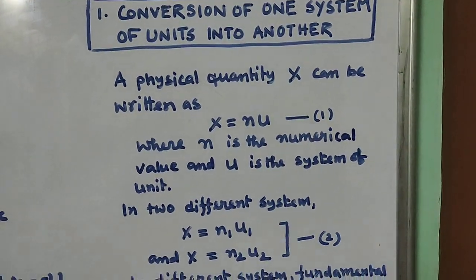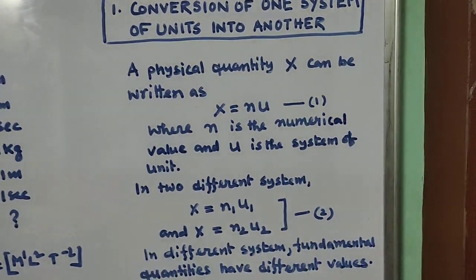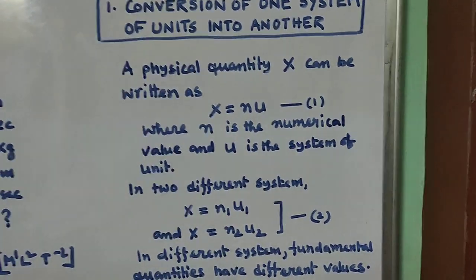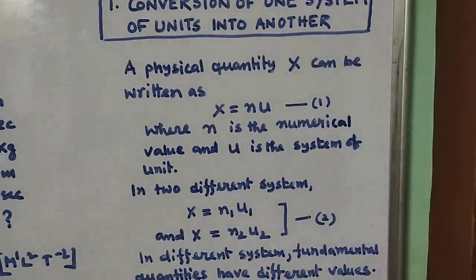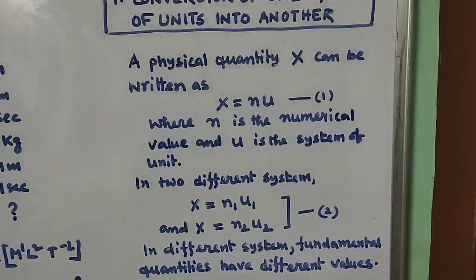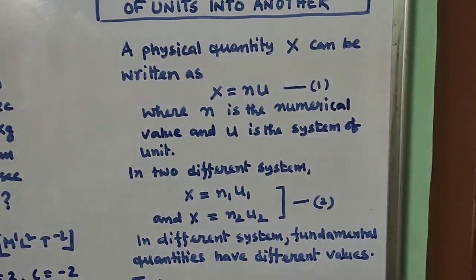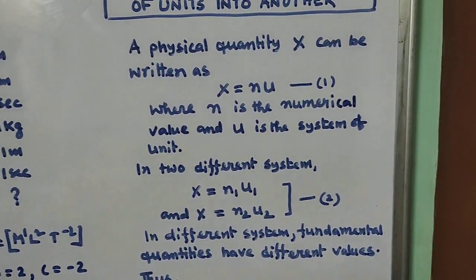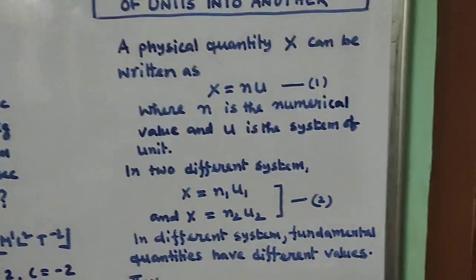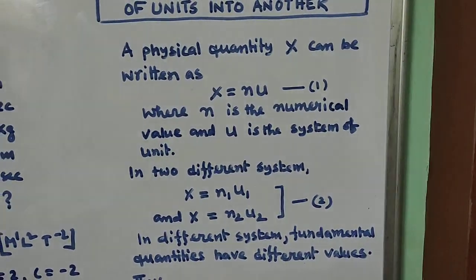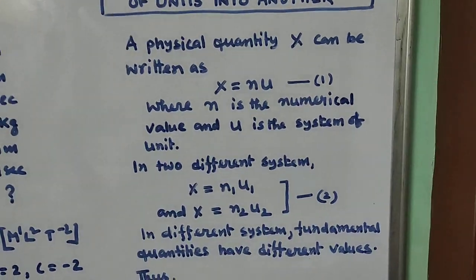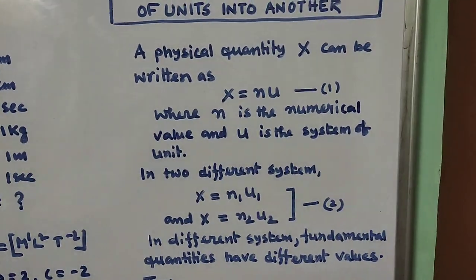Now if we take 2 different systems, maybe one is your CGS, another one is your MKS, or any 2 systems, what changes will come? Numerical value and the system of unit, obviously. For example, if I say 1 meter equal to 100 centimeters, you have seen that the numerical value changes. One is your 1, another one is your 100, because it has 2 different systems.